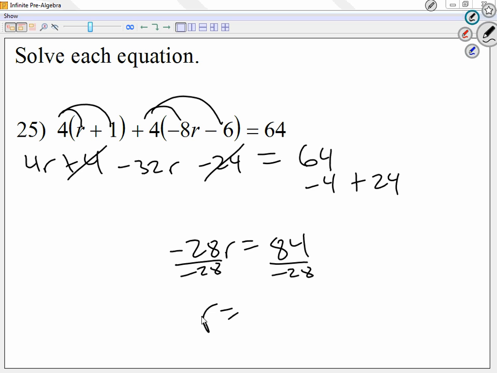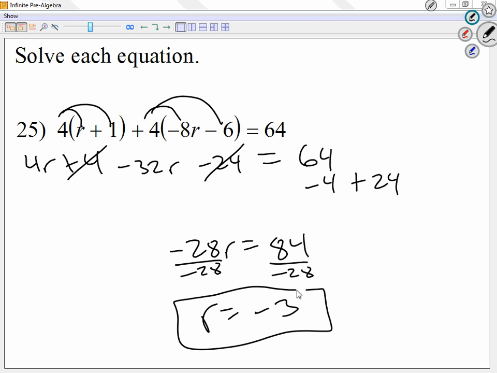R is 84 divided by negative 28, which is negative 3. Remember, in division, if the signs are different, it's negative. 84 divided by 28 was 3.